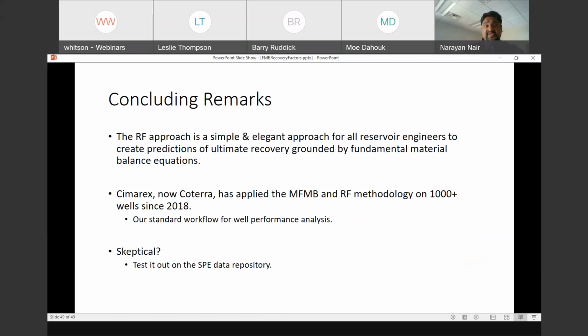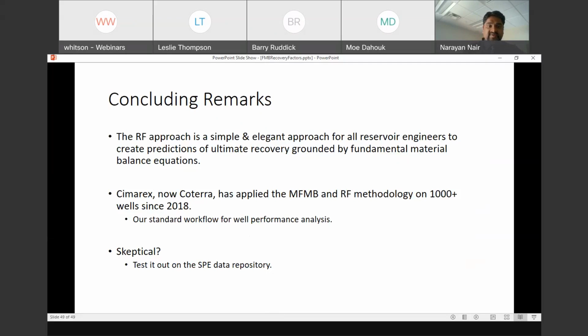All reservoir engineers can have a seat at the table of a good prediction or a technical prediction. You can bound the problem with analog data. It follows fundamental material balance equations, and if done consistently, can be consistent with reservoir simulation. We have applied this on 1,000+ wells. It's one of the workflows that we do on our unconventional well production data.